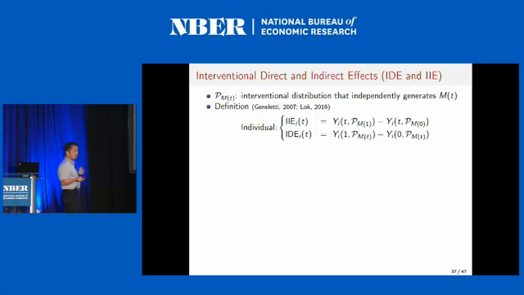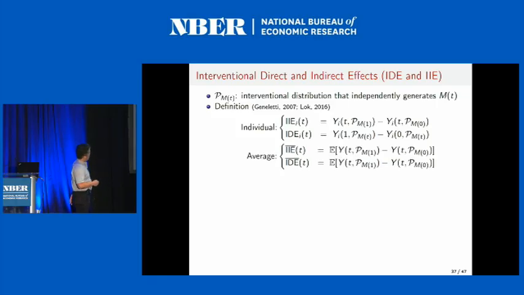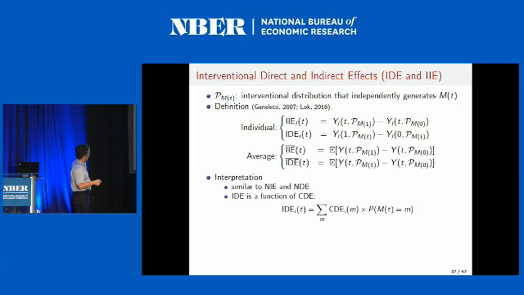By considering this, you make it independent, because you're assuming the interventional distribution is an independent draw from this distribution. So you can define the average. What's nice about that is it's similar to the natural indirect effect and direct effect, except it's a distribution, and it's only a function of the controlled direct effects. So whenever a controlled direct effect is identified, this can be identified. And the usual properties hold. If there's no mediation, zero treatment effect means zero indirect effect.